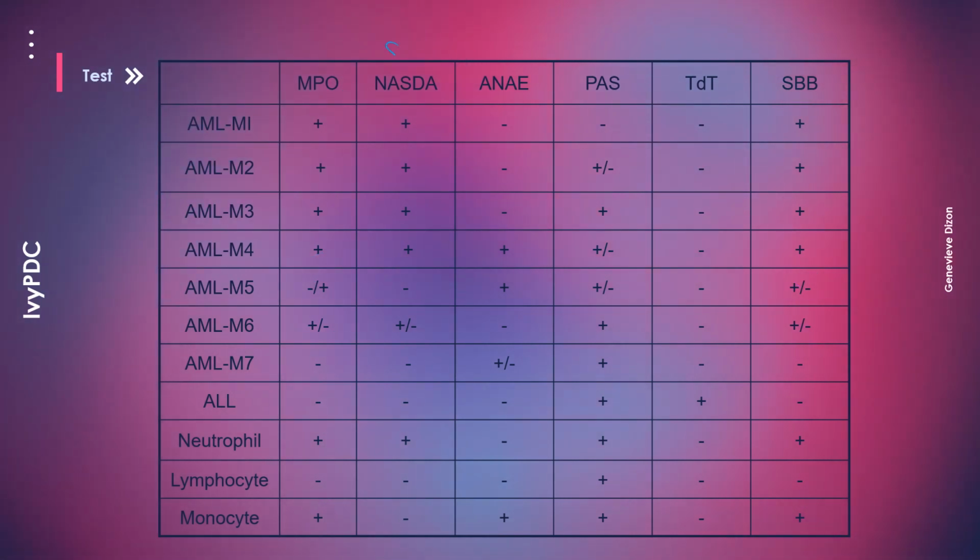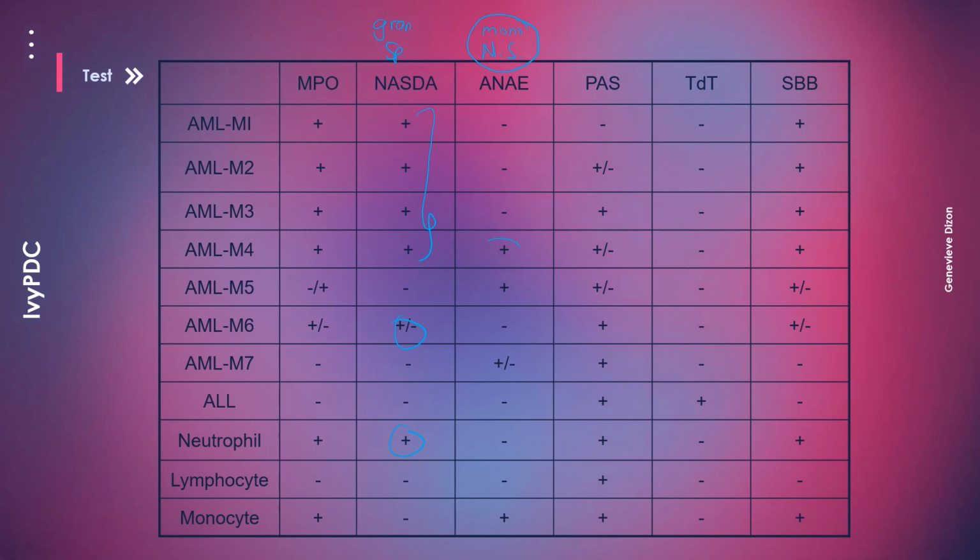NASDA stands for the specific esterase, while the ANAE stands for non-specific esterase. Specific esterases are for the identification of granulocytes, while the non-specific esterases are for the identification of monocytes. So therefore, all cells with granulocytes would be positive for specific esterases, while the monocytes would have a positive reaction for those with monocytic cells.